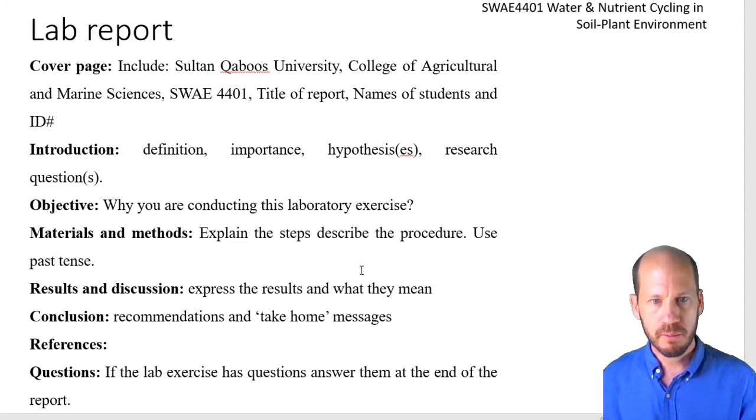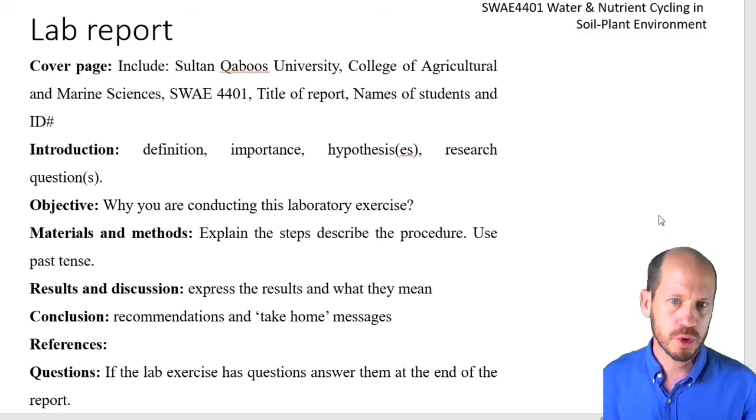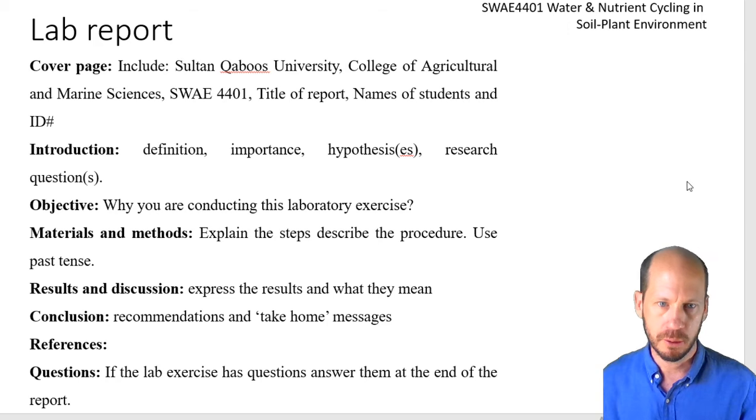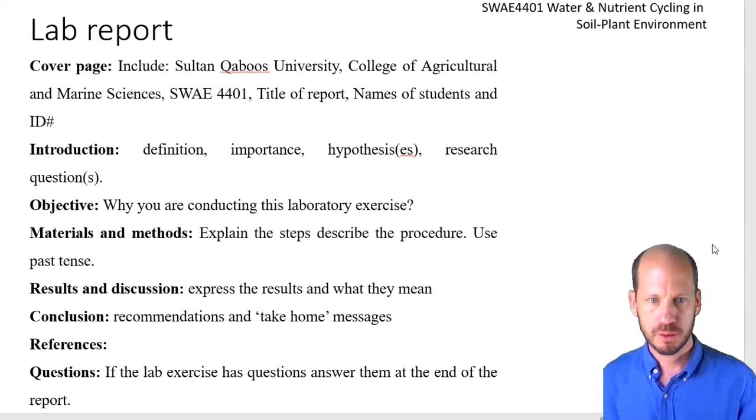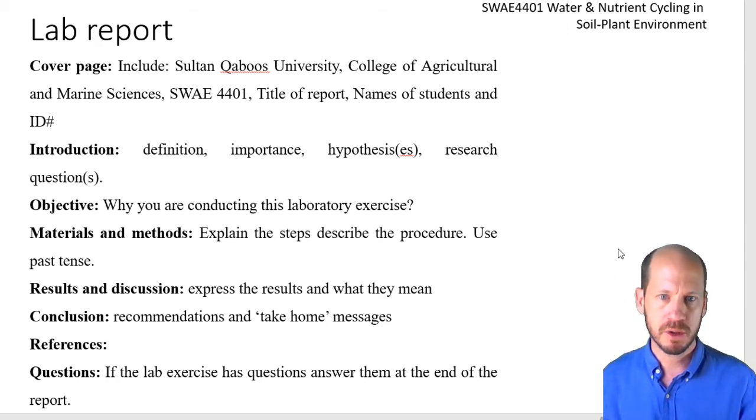The objective of materials and methods is that, in any publication you make, the next person who wants to reproduce your methods will be able to do so just by reading your materials and methods. So try to make it as detailed as you can.